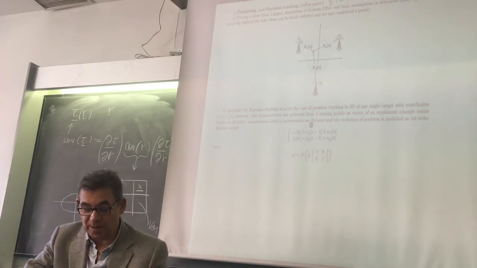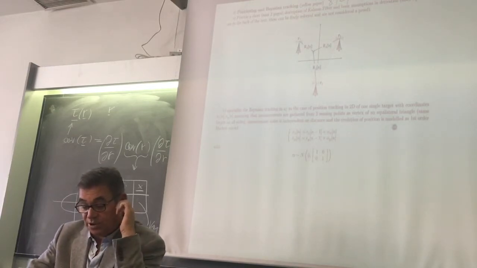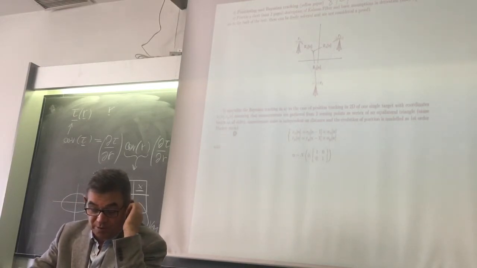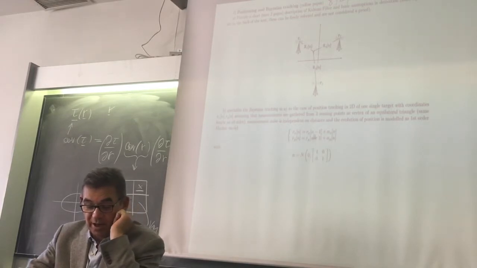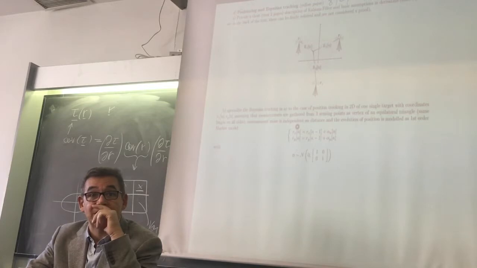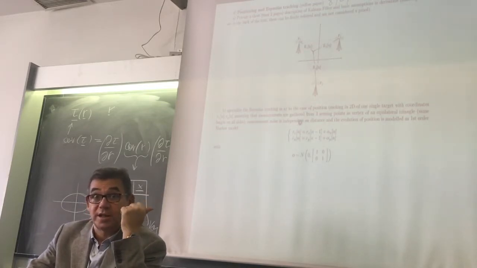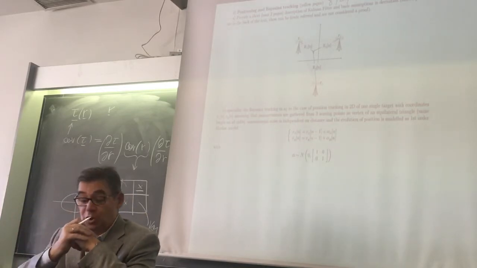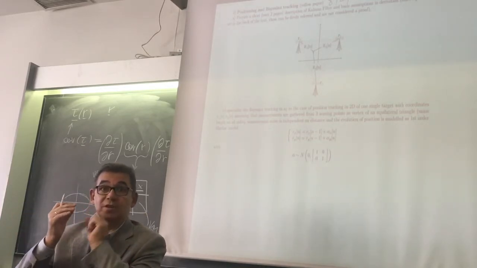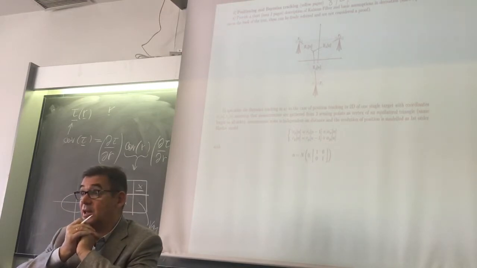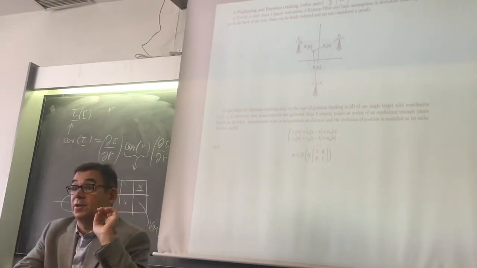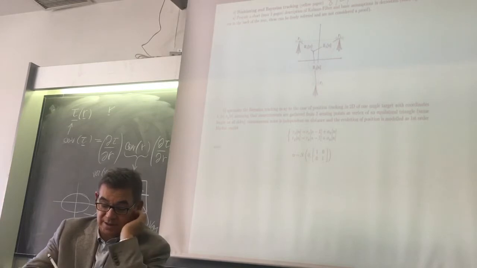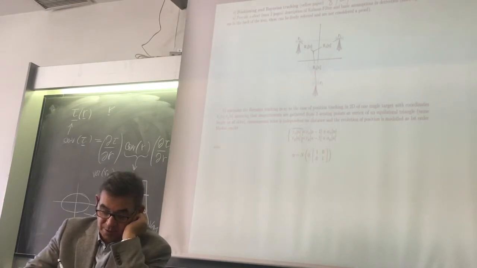Measurement noise is independent on distance, and the evolution of the position is modeled as a first order Markov model with blah blah. Okay, so you see, this representation is exactly the one that I was discussing before, saying that I can use a state as a state of equation, not just the position and the speed, but only position.